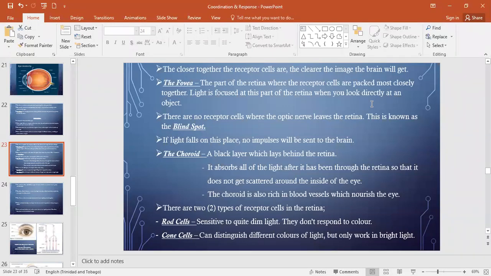Apart from your fovea, you also have what is called a blind spot, the area where the optic nerve leaves the retina. If light falls there, you won't be able to see anything. No impulses will be sent to the brain. The only way you can have impulses sent to the brain is if light falls on the fovea in the retina.